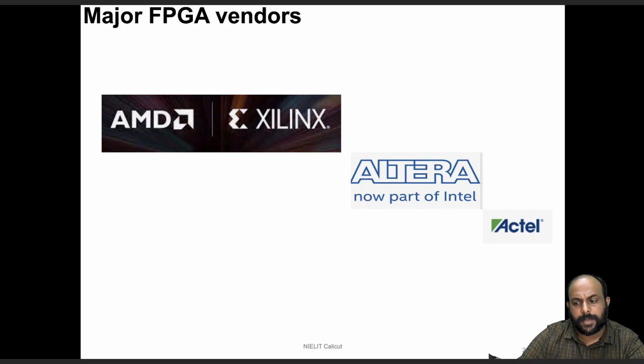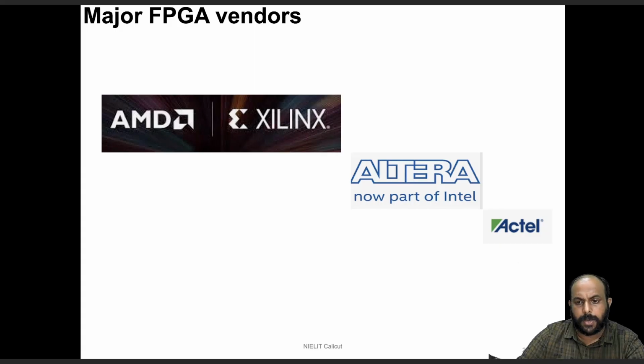This is another important piece of information about the major FPGA vendors. Originally the major companies were known as Xilinx, Altera and so on. Now Xilinx was acquired in 2021 by AMD.